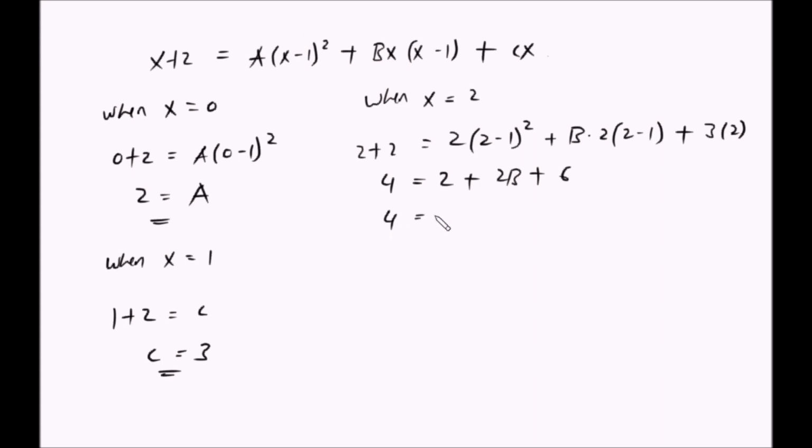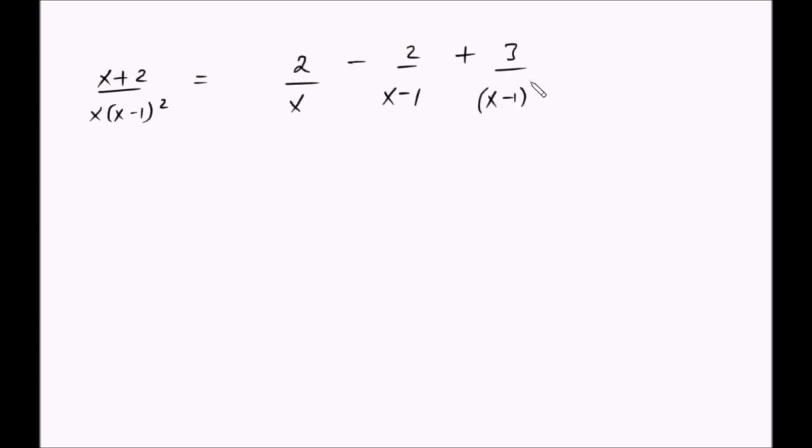So I'm going to have 4 equals 8 plus 2b, so 4 minus 8 equals 2b, so negative 4 equals 2b. Finally b is equal to negative 2. So a is 2, b is negative 2, and c is 3.